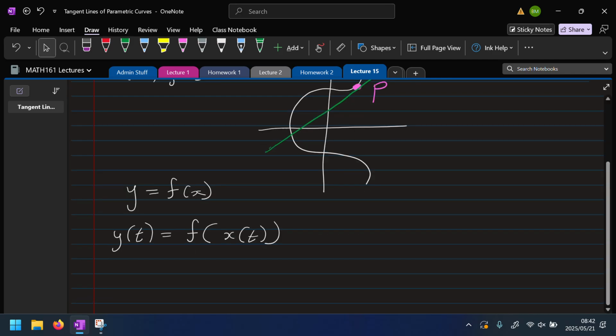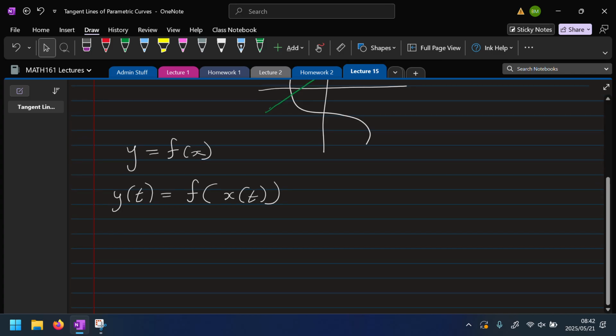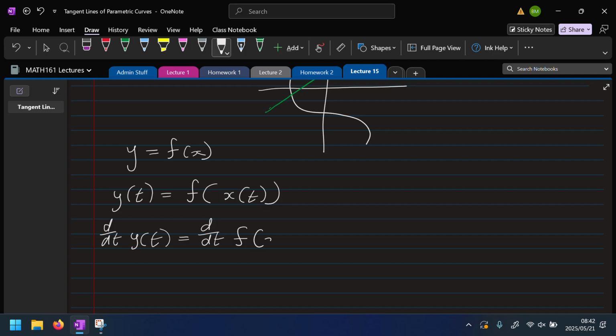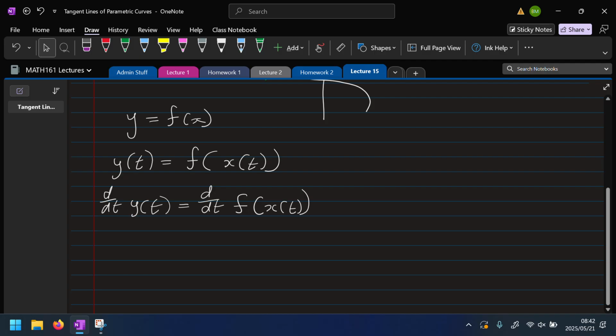Okay, because we know that they're both functions of that curve parameter t, or time, if you want to think about it like that. Now we want the derivative, so let's do d by dt on both sides. So we're going to have d by dt of y of t is equal to d by dt of f of x of t. We want the gradient, so we need to do the derivative.